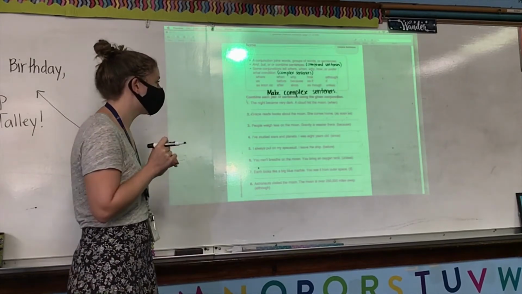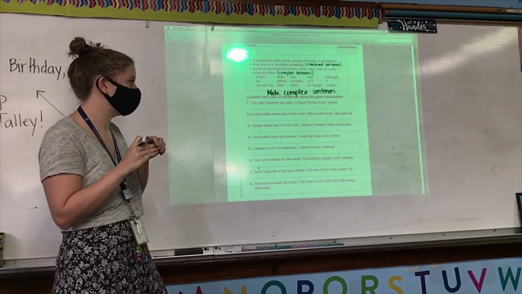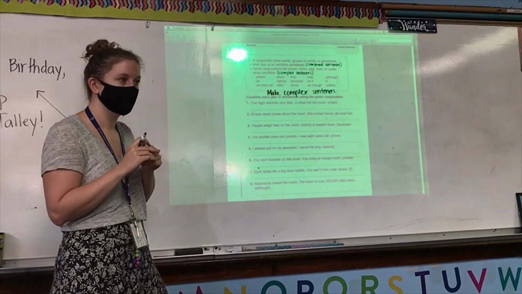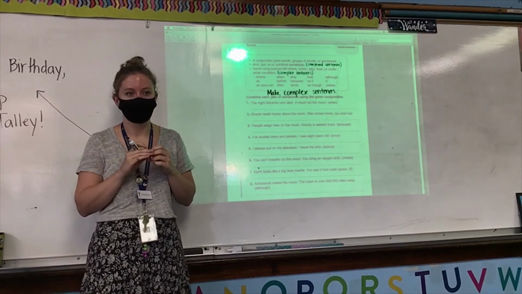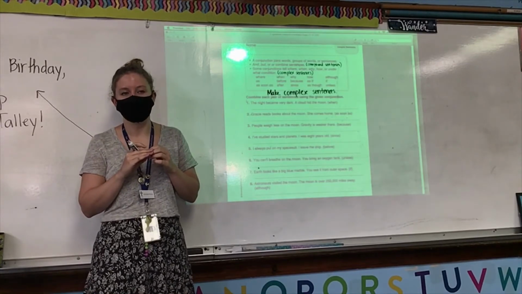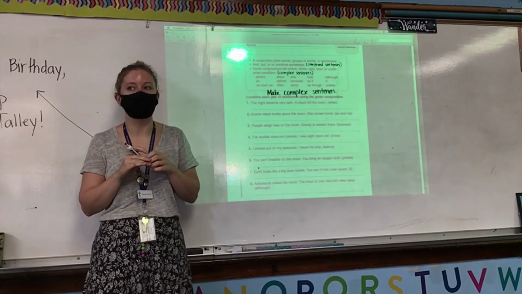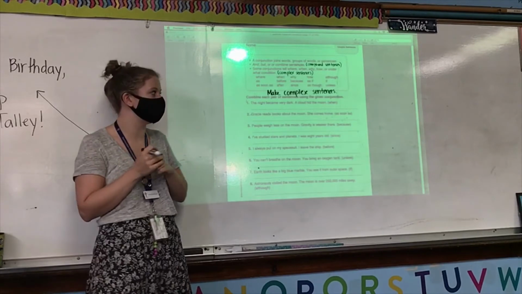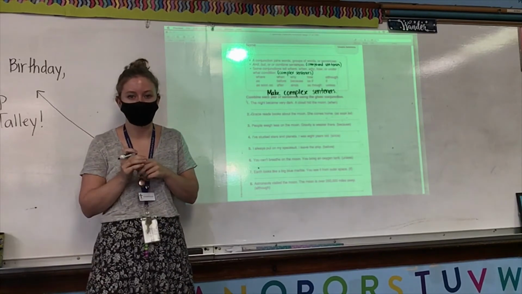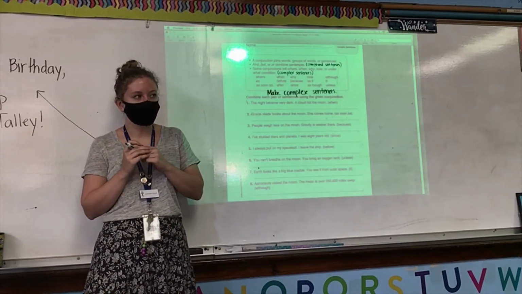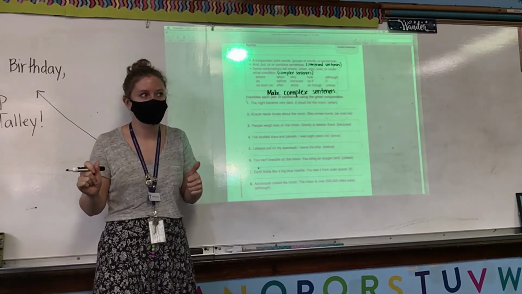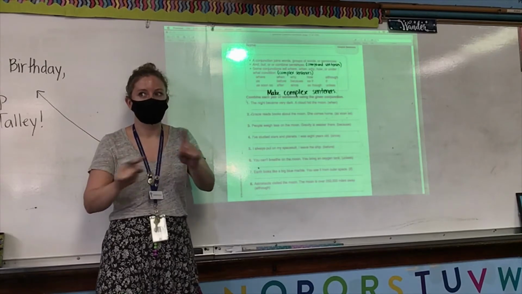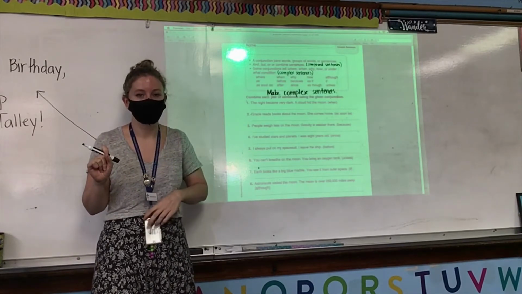So number one, the night became very dark, a cloud hid the moon. We're going to use the word when to combine these sentences. Raise your hand if you think you know how you can combine these two sentences using when. Extra brownie points, that means not real points, but good for you points, if you can put the dependent clause first.